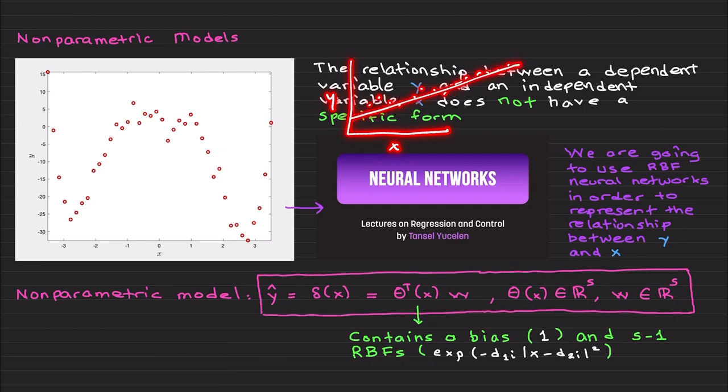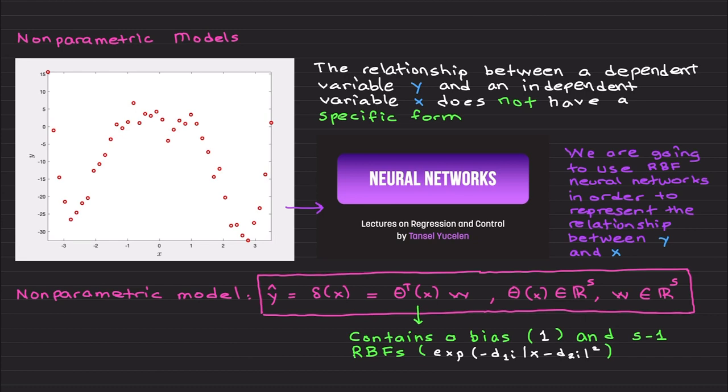They look like a line. So I assume that the model will be w0 plus w1x. It can also include x to the power of 2, or x to the power of 3, like in the parametric model video. If you can guess the model, it is called a parametric model.